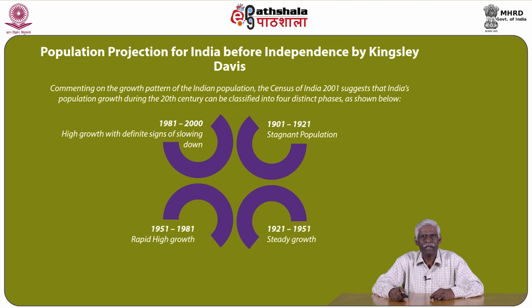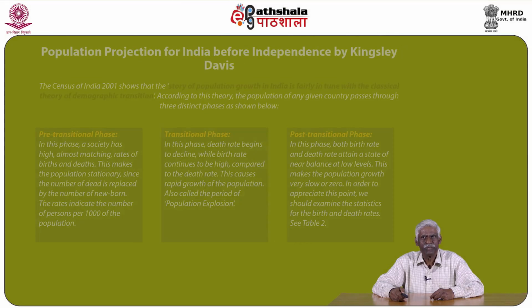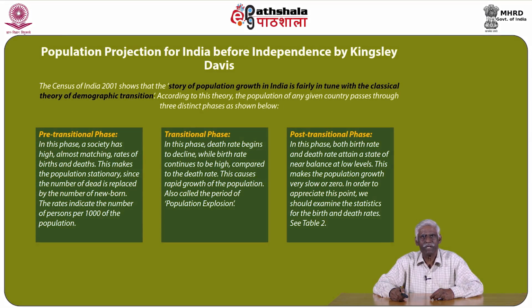This very clearly shows the decadal growth of population over a period of time for the country of India. The census of India clearly shows that the story of population growth in India is fairly in tune with the classical theory of demographic transition.